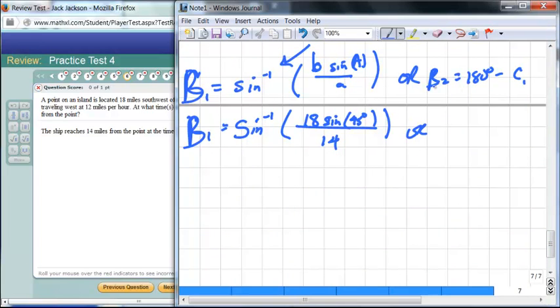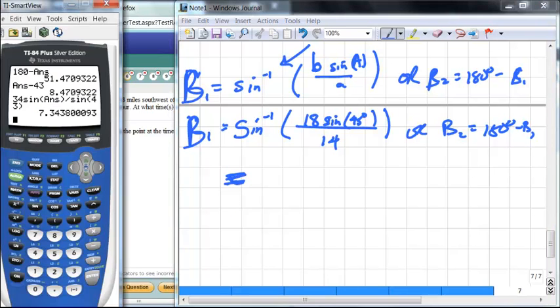Or B2 is 180 degrees minus B1. Okay, so let's find B1 equals, okay. Again, I'm in degree mode, so this will give me degrees for my answer. 18 times the sine of 45 divided by 14.